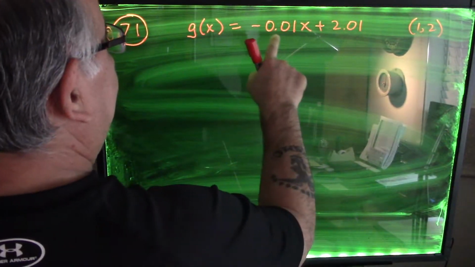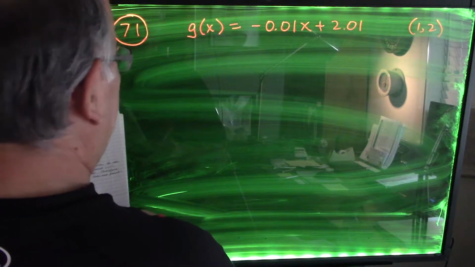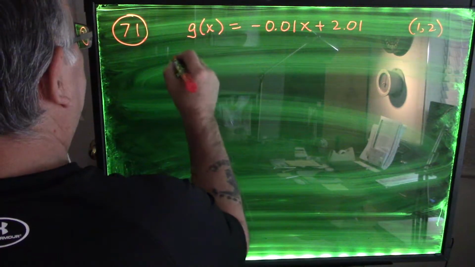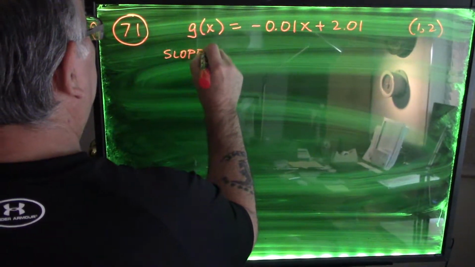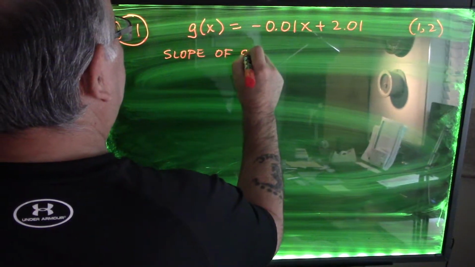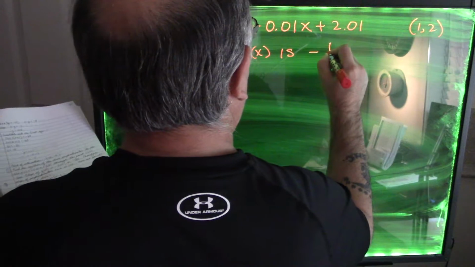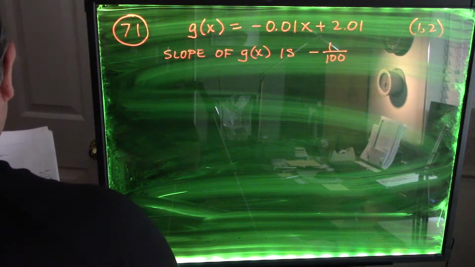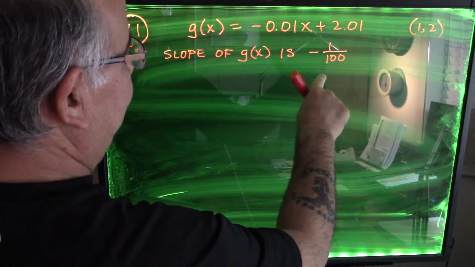So the slope is negative 1/100ths on the original line. So slope of g of x is negative 1/100th. Alright, so the slope of the perpendicular line will be the negative reciprocal of that.